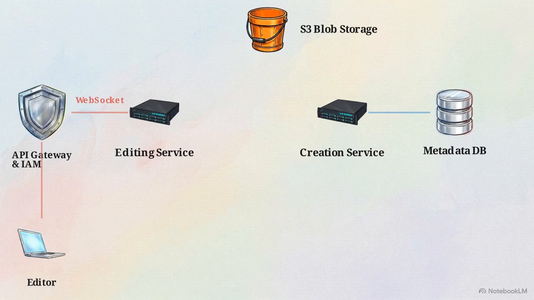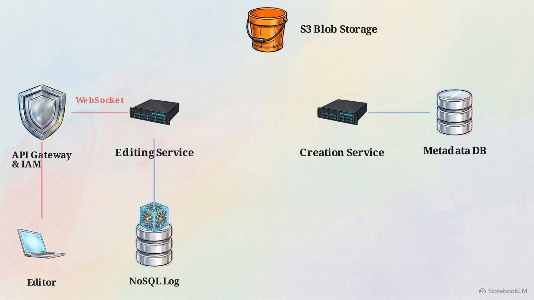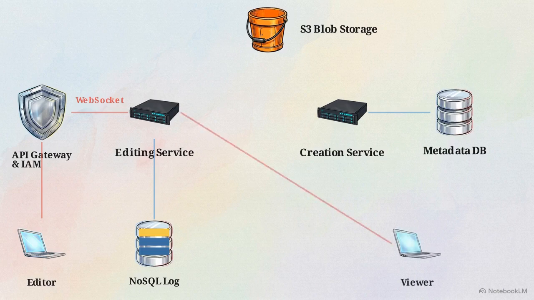Tracing the lifecycle of a single keystroke shows the entire system in motion. A keystroke hits the API gateway, passes via WebSocket to the editing service, transforms through the OT engine, appends to the NoSQL log, and fans out to the second user's screen. Solving the state synchronization bottleneck required the specific logic of the operational transformation algorithm.